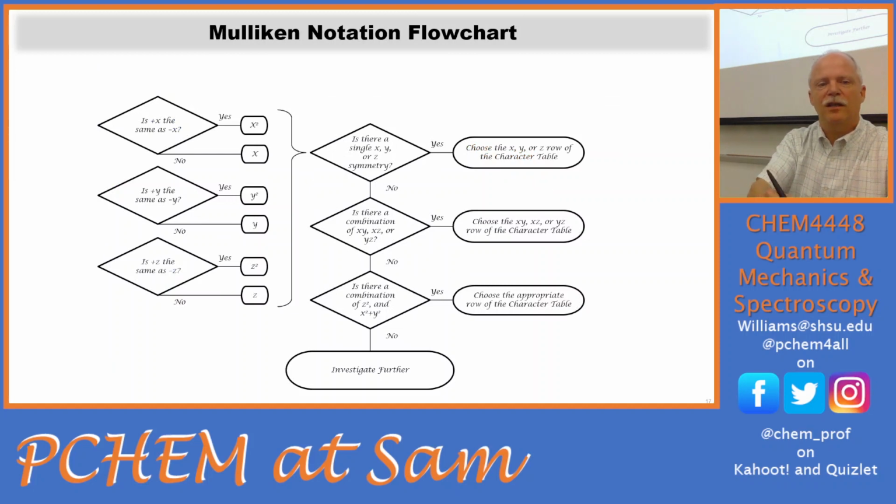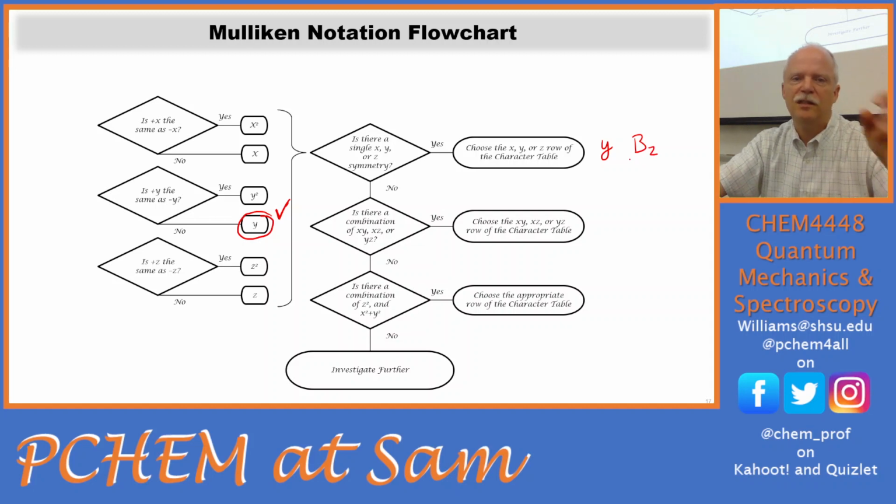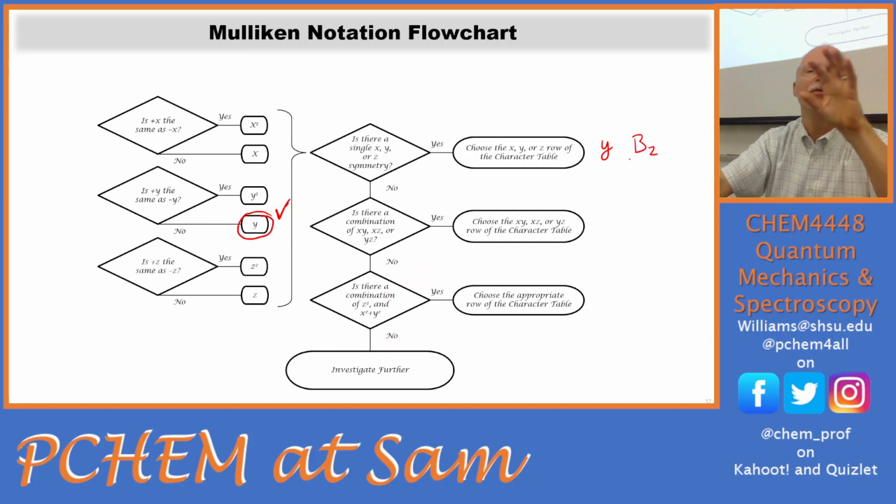In the Y direction, though, we change color, and so I would say that it's Y. In the Z direction, that was the same. So here's the first question: is there a single X, Y, or Z symmetry? There was a Y symmetry. Then choose the X, Y, or Z row of the character table. We choose that Y row, and it was B2. So this is a little flow chart of the thinking when you're looking at those molecular orbital diagrams, or the molecular orbitals.